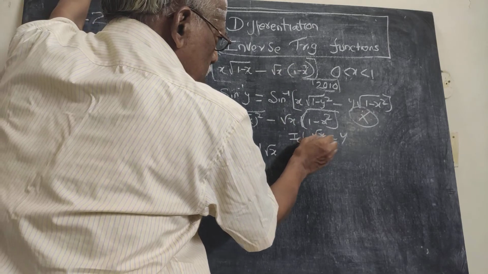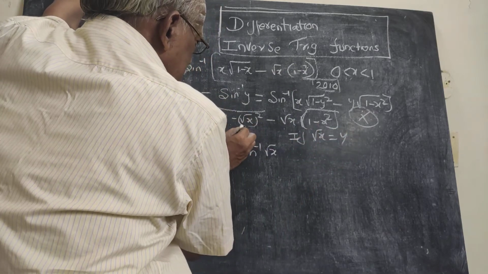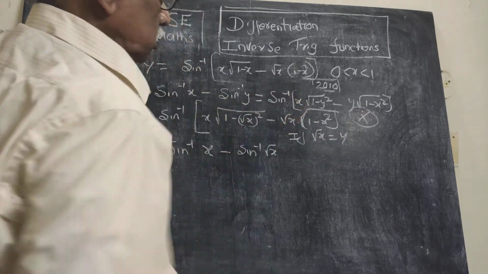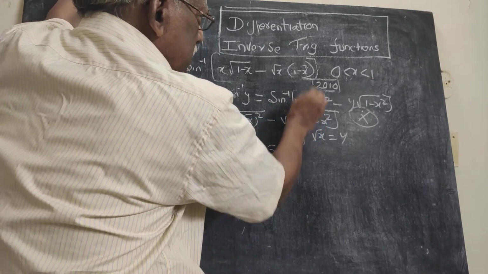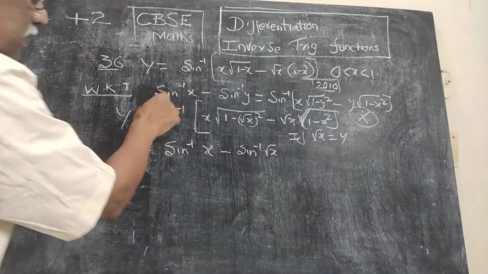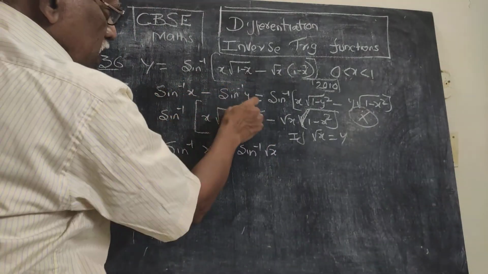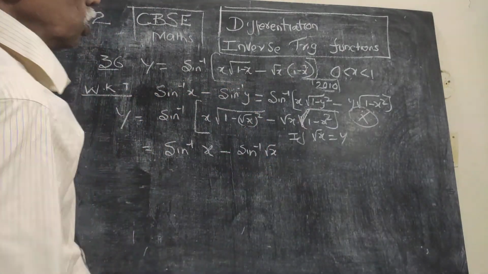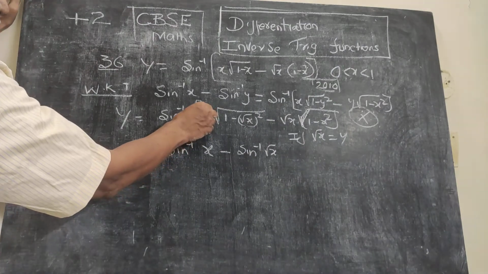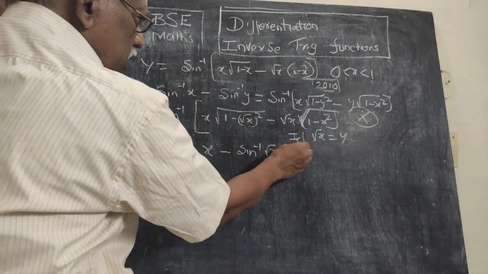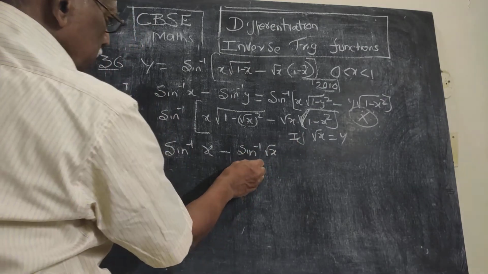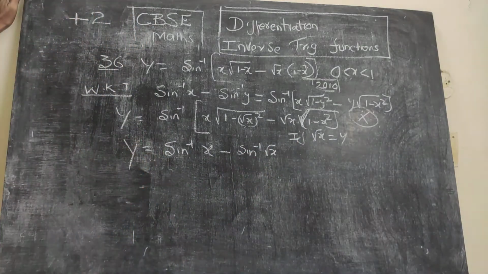Suppose I consider root x is equal to y, this problem now fits into 1 minus y square minus y into root of 1 minus x square. Therefore we can write sine inverse x minus sine inverse y. Instead of y you write this. So you write this, we know this, and then rewrite this. If this is equal to this, then this is the question. So this is your y.